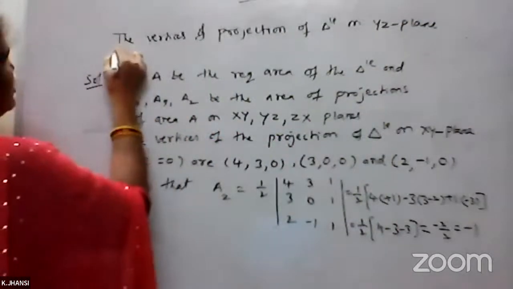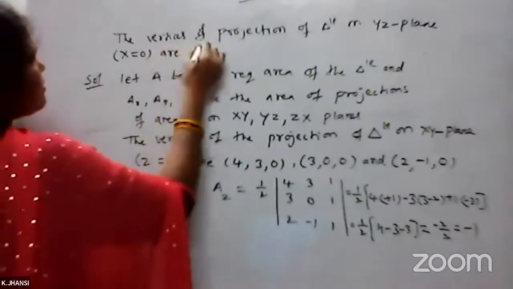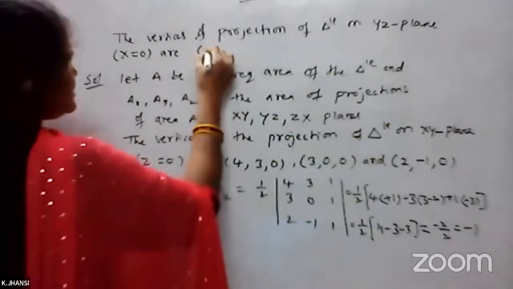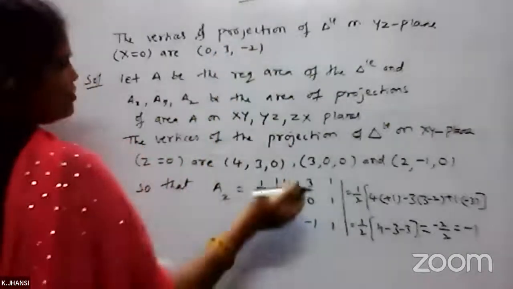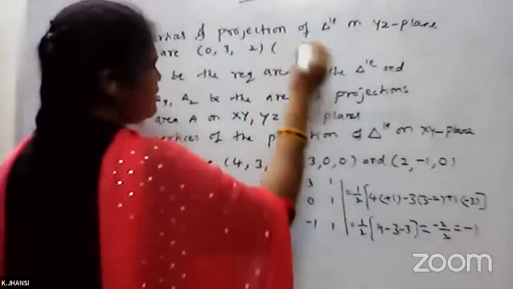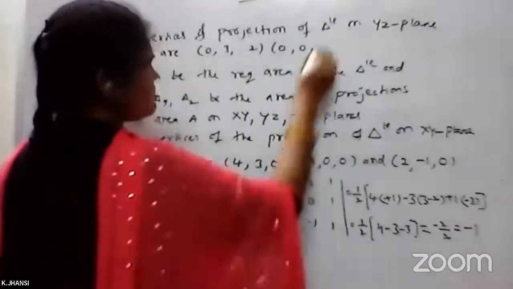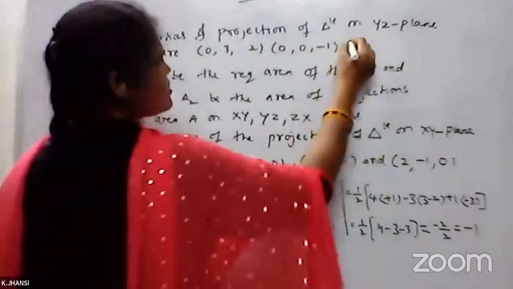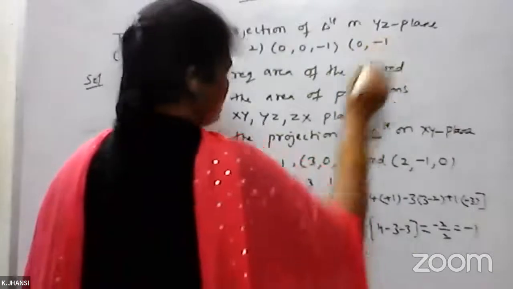YZ plane means here you will get x equals to 0. So it is 0, 3, minus 2, so plus 2, no? Okay. Next you will get 0, 0, and last value is -1. Next, third one is 0, -1.